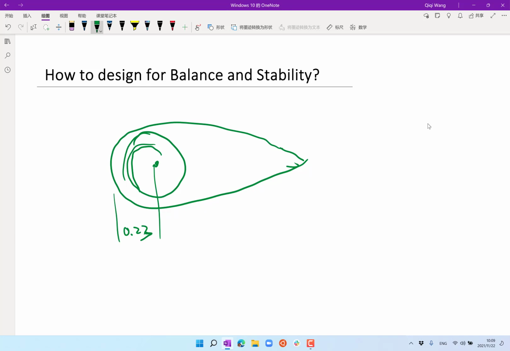How do we determine the center of lift if we have CL and CM? Yes? Is it CM over CL? Why is it? Okay, that's actually pretty correct.